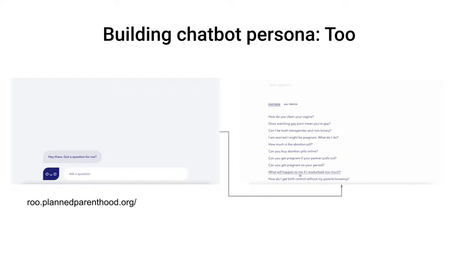And so what I like about it is that the chatbot is really accessible, it feels safe, it feels delicate, it feels intimate, and it feels really accessible. And it comes down to defining a persona for that particular audience, for that particular topic.